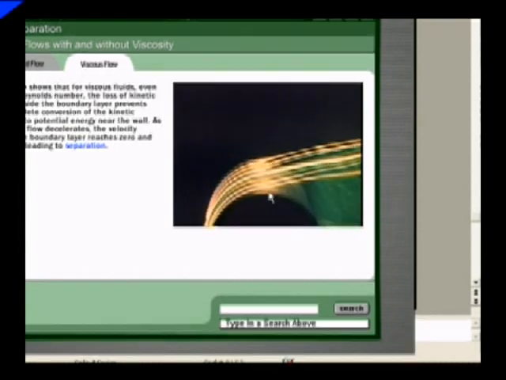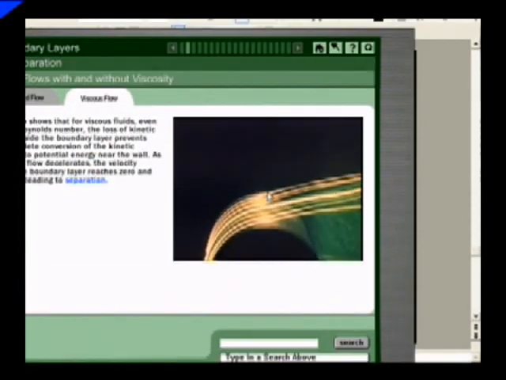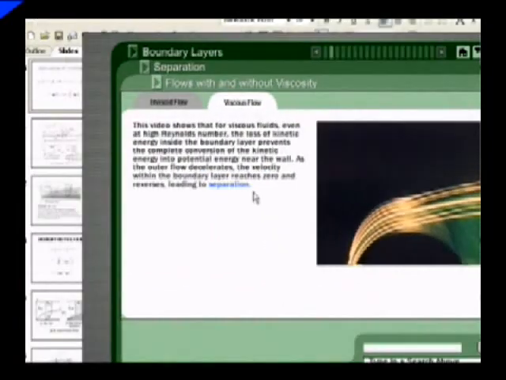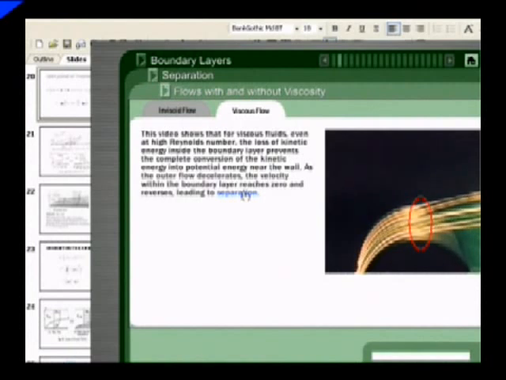This is the location where we have separation. Here the boundary layer gets separated, or the fluid is said to have separated from the boundary. Because of the separation, on the right hand side the pressure recovery is not achieved, because kinetic energy was supposed to be converted into pressure energy, but it is not being converted. So the right hand side has a different pressure than the left hand side, and because of this situation we have a very large force.